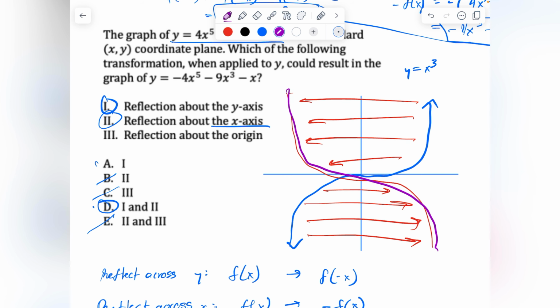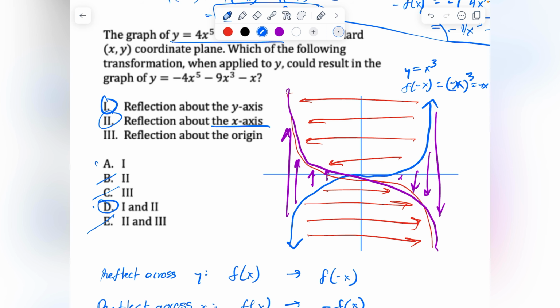And then when you reflect across x, you're just bringing these points down here, right? So it actually ends up being the same thing. And you can do the operation here. So f of negative x is equal to negative x to the third, and negative f of x is equal to negative x to the third again. So they're both negative x to the third.